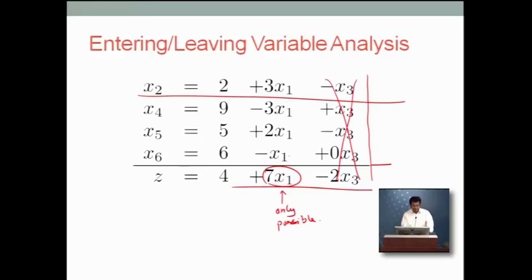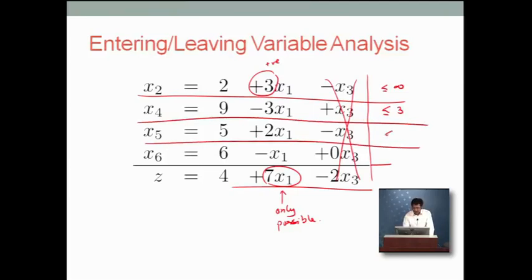The constraint placed by x2 on the increase of x1 is less than or equal to infinity because this coefficient is positive. Likewise x4 places a constraint of less than or equal to 3, x5 places a constraint of less than or equal to infinity, and from here less than or equal to 6, and the winner is x4. Therefore x1 enters and x4 leaves.